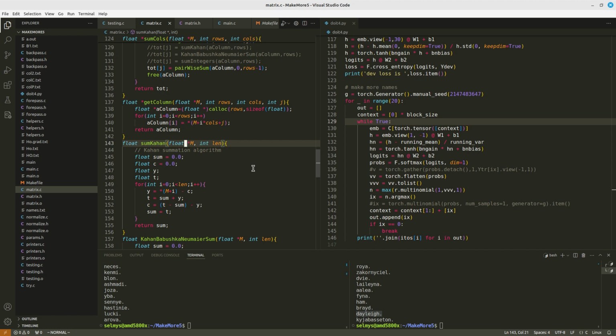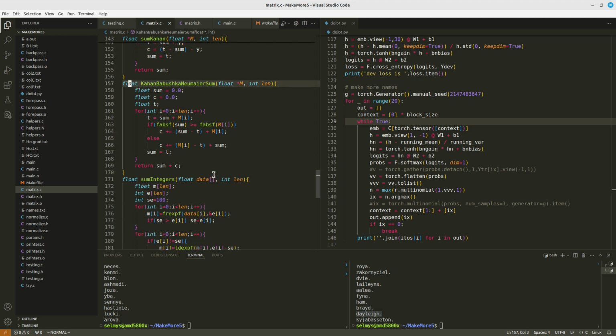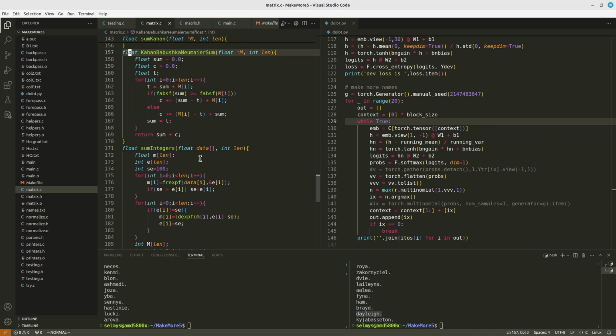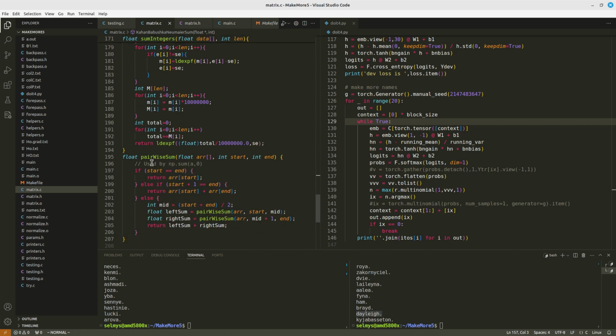I also have another function, a little more complicated, that also adds up a column of floats and returns the sum. Here's another one that will add up a column of floats and return the sum. Here's another one that adds up a column of numbers and returns a sum.